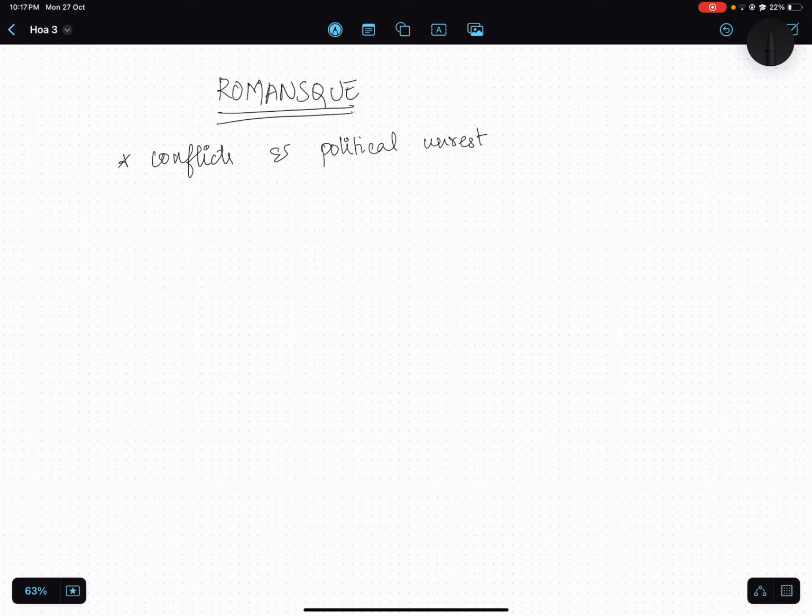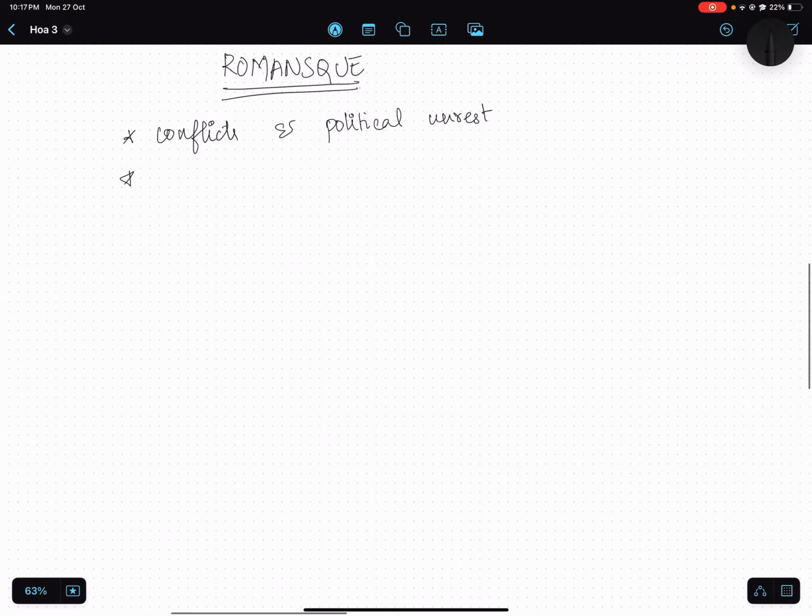So a lot of these structures had defensive elements to them. For example, they had something called cross windows, and these were used by crossbowmen to shoot arrows at the invaders. They looked like an inverted cross.